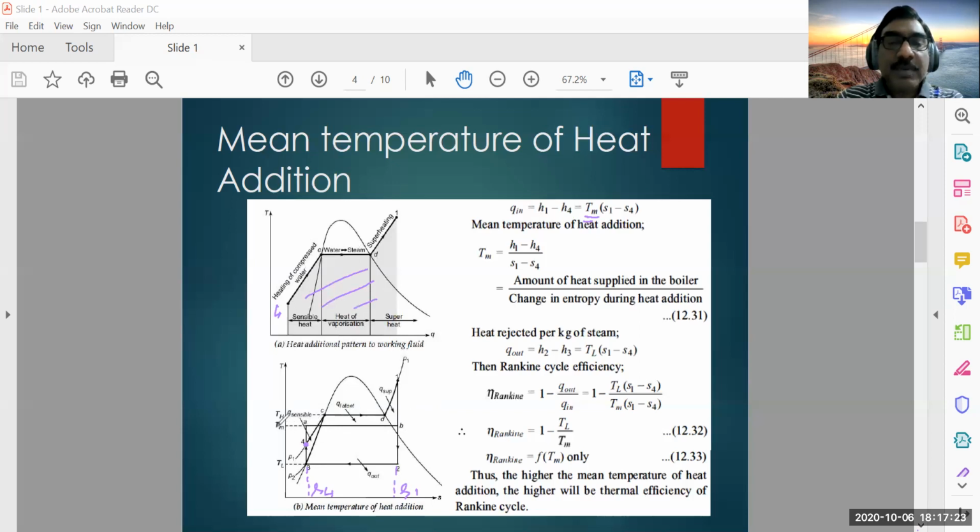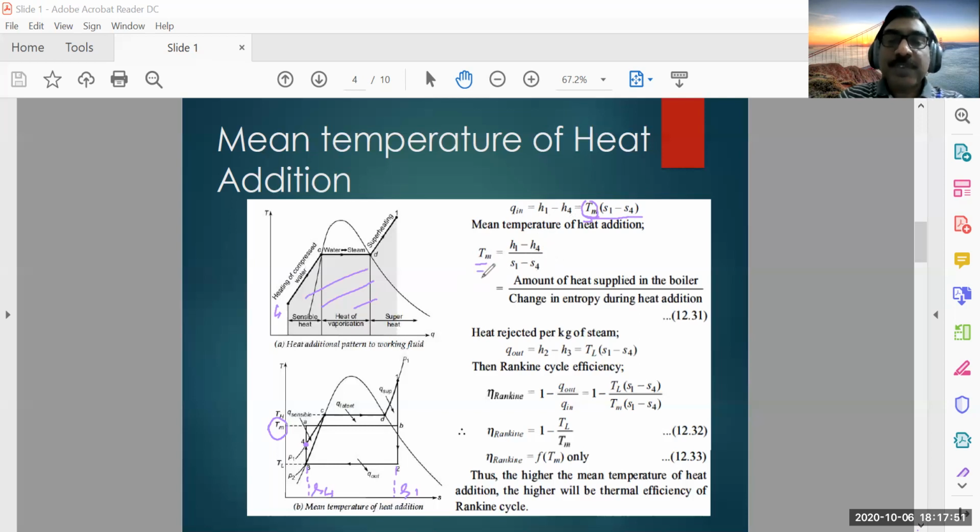It is equal to the mean temperature multiplied by the difference of entropies. So this is the equation: Qin is equal to H1 minus H4, which can be written as a mean temperature multiplied by the difference of entropies. From this you can write the expression as Tm equals (H1 minus H4) divided by (S1 minus S4).